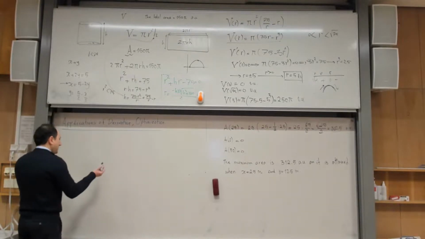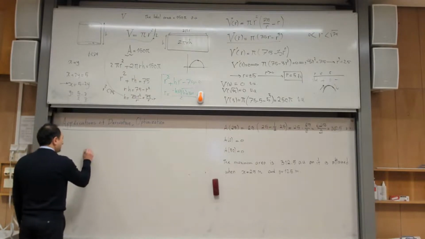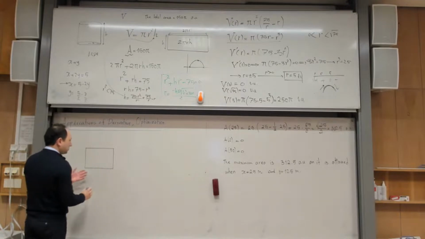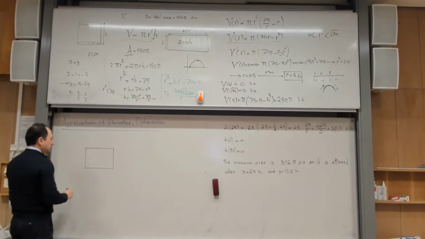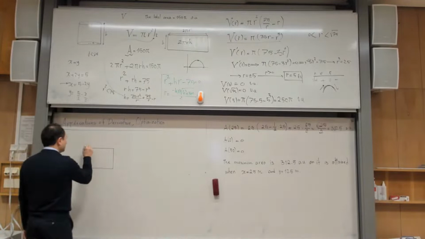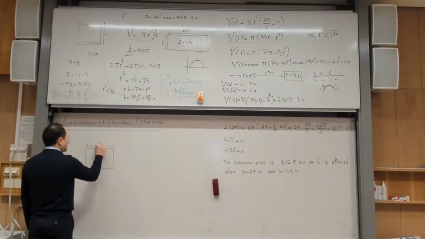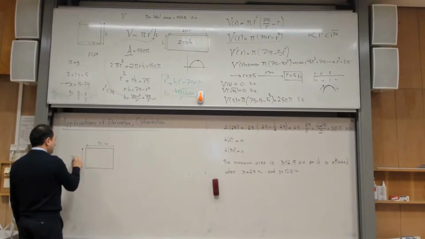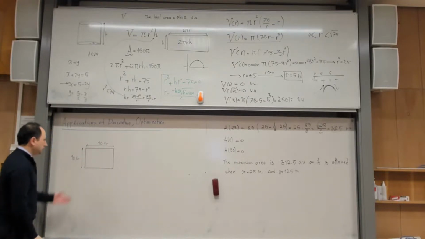Okay, let us just go with a random number. Let me make the numbers as friendly as possible. So assume that you have a cardboard in the form of a square of length 10. So let us make it 10 centimeters. So we have a cardboard of a square form in this dimension.